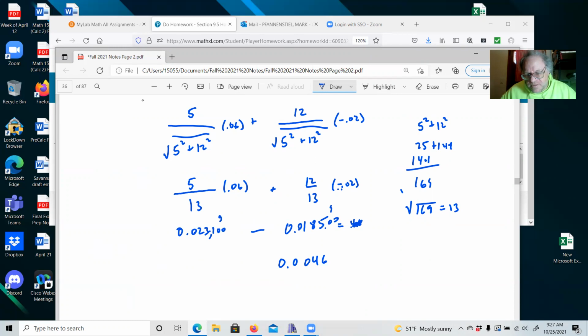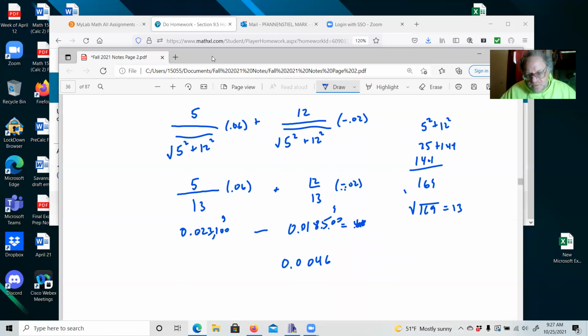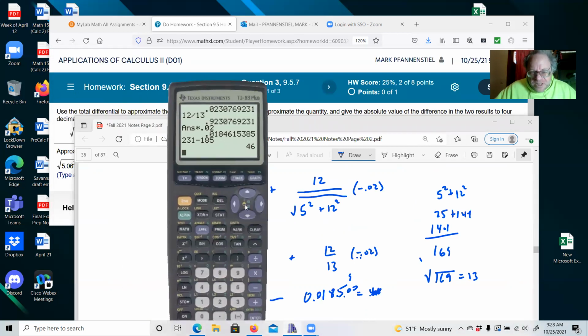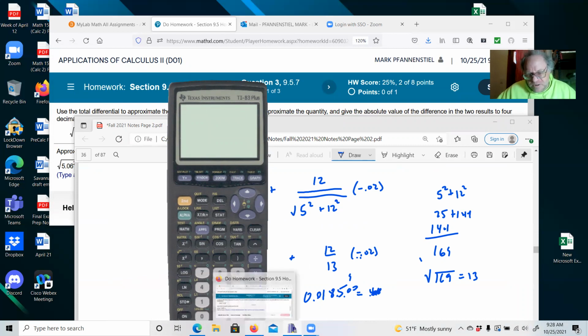So 0.0185 milligrams, or 18,500 micrograms. We're left with 46 micrograms, so 4.6 milligrams here. So if you're going to do that, make sure they're the same order of magnitude, and it should work out okay.